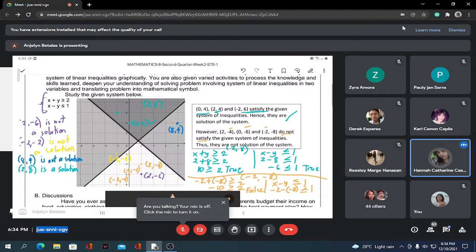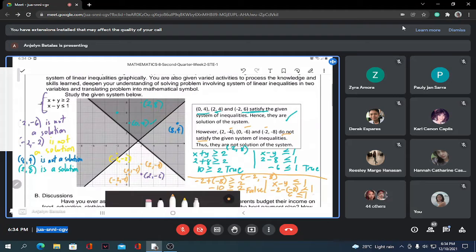So it does not satisfy the inequality. If you solve and substitute, you will see it is not a solution because the result is false. At the same time, if you plot the point on the graph, you can see it is not a solution. So you can check it twice.